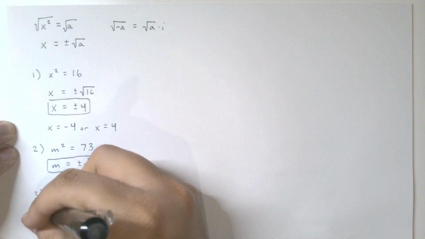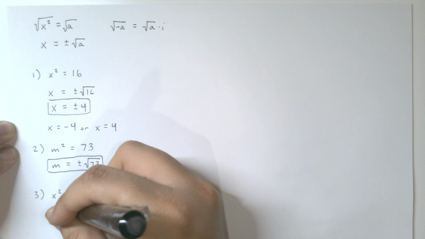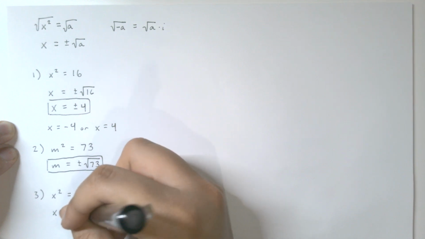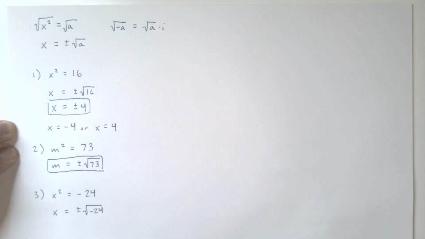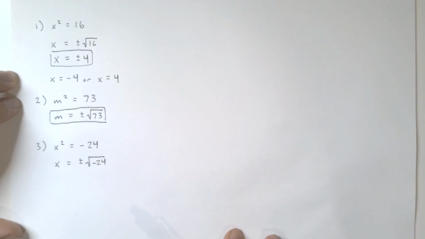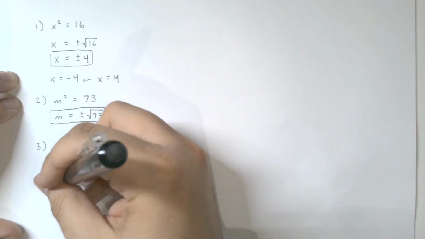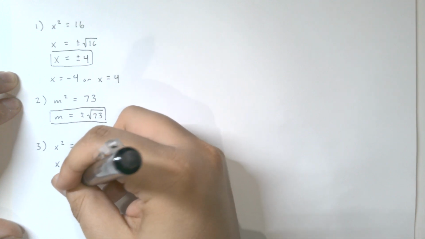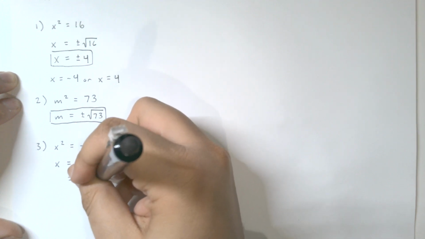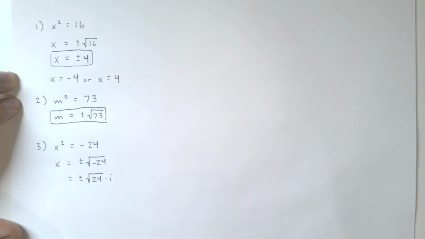So we take the square root of both sides, and we have x is equal to plus or minus the square root of negative 24. And now this is where we have to introduce our i. So this is equal to plus or minus the square root of 24 times i. But we also want to check if we can simplify the square root of 24. And fortunately we can.